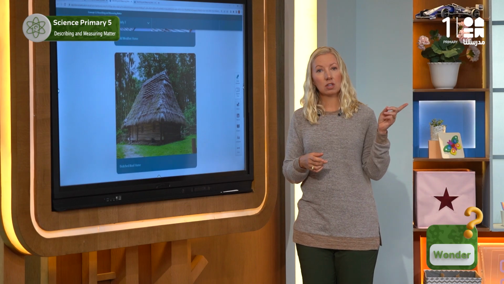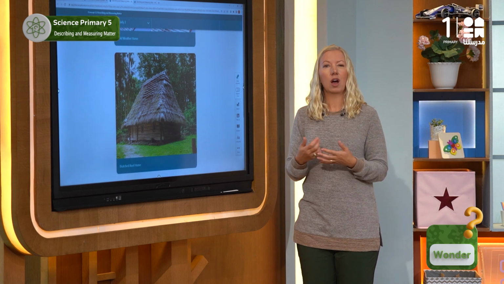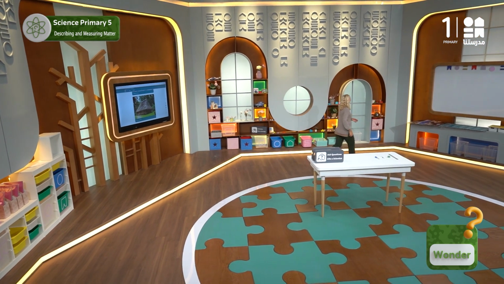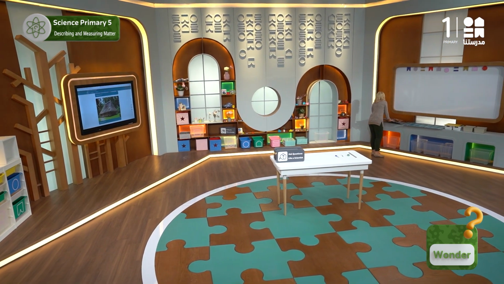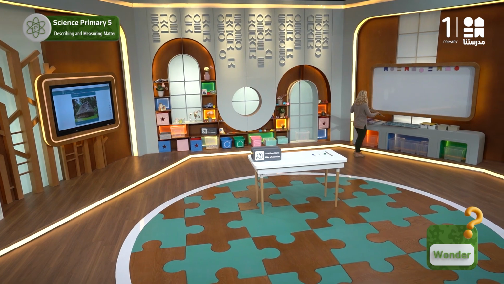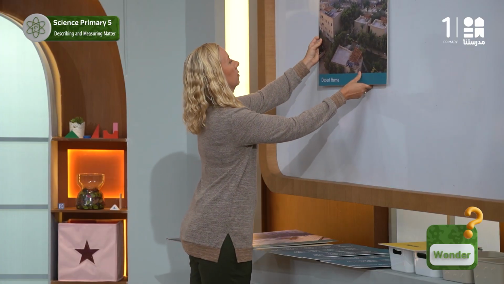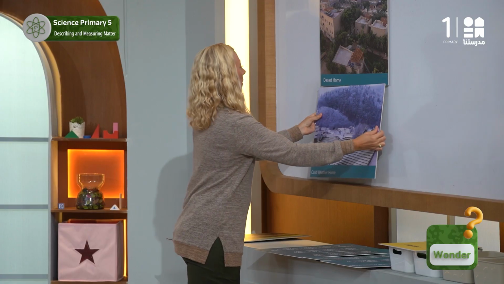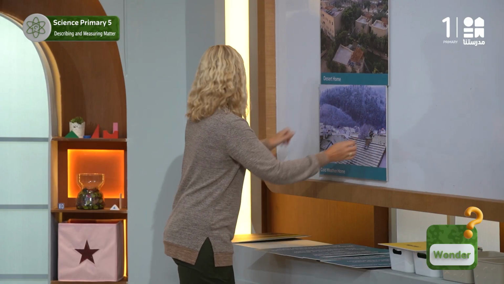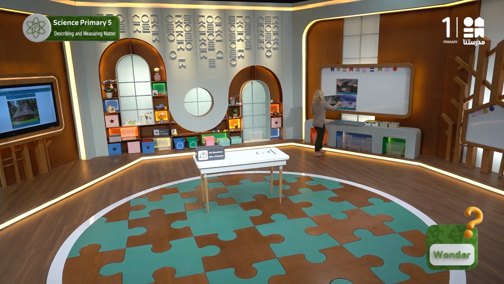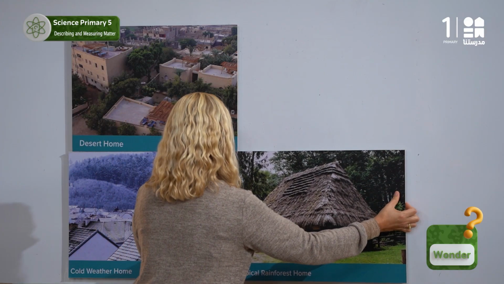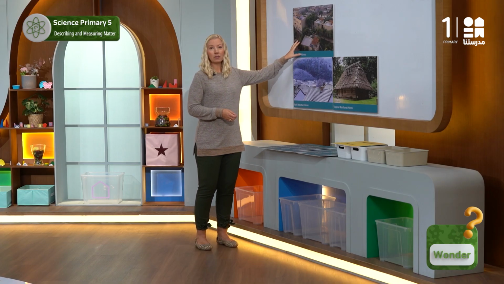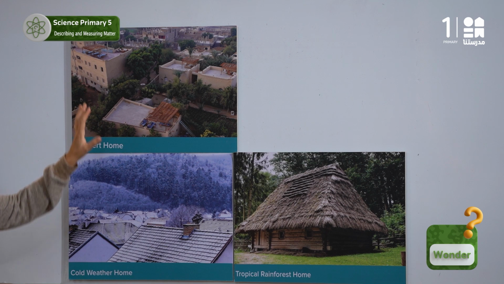Now, let's post the 3 images on the wall to think together of what we have found. In the first image, you may have noticed that the roof is in a desert area.